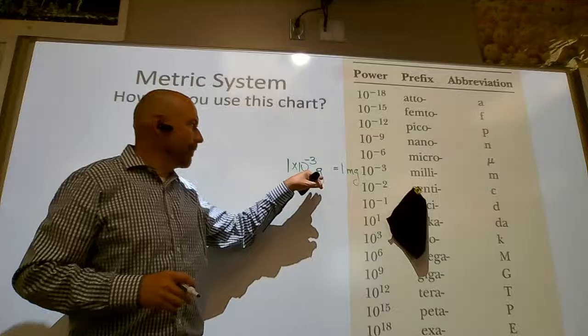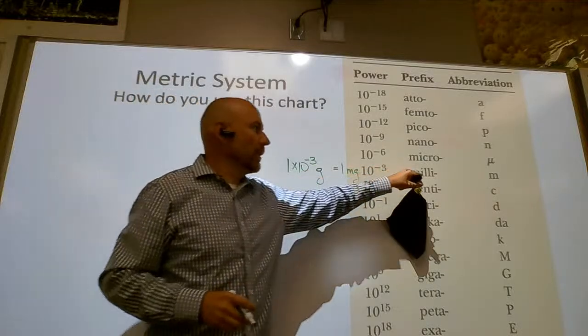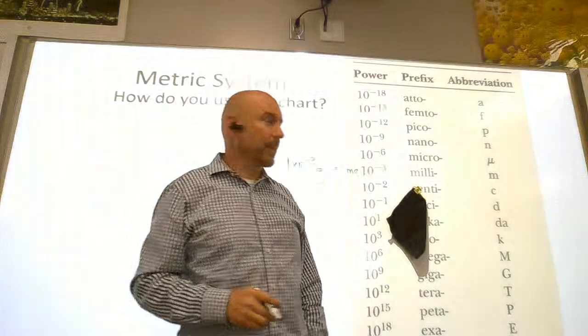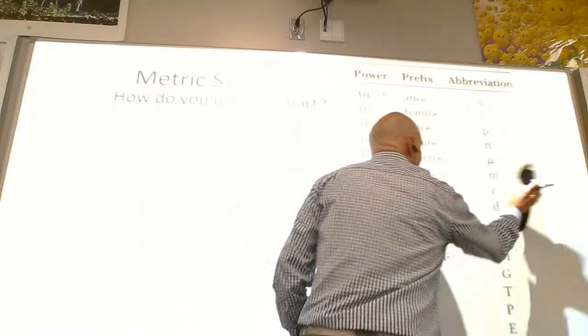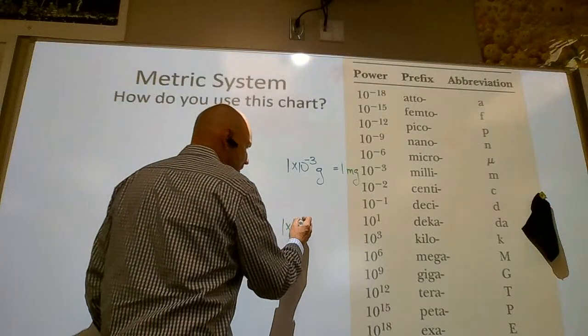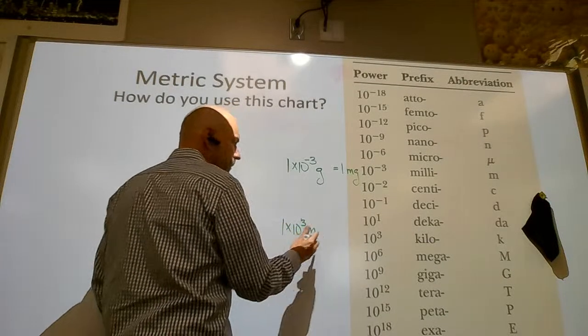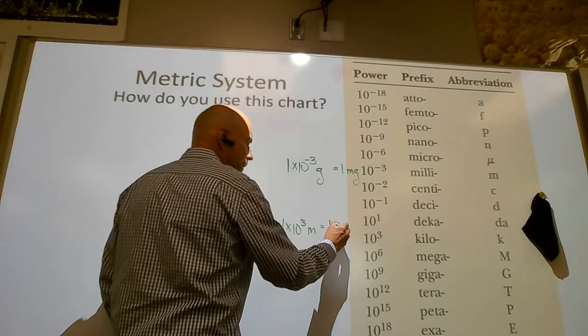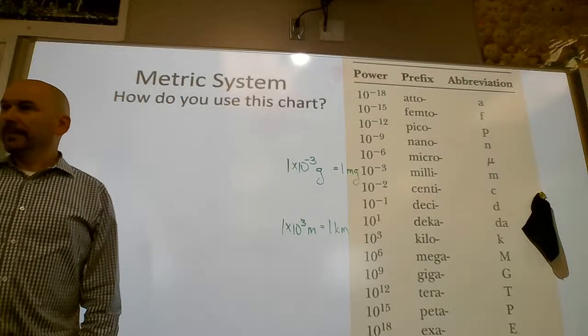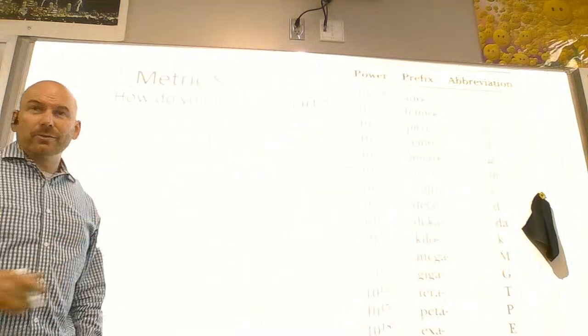This times the base unit gives you your prefix. Okay. If we had 1 times 10 to the third meters, that's equal to 1 kilometer. That's how you use this chart.